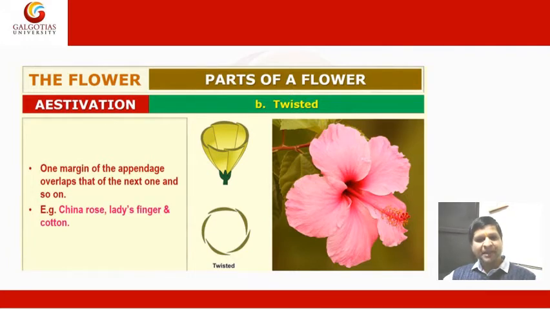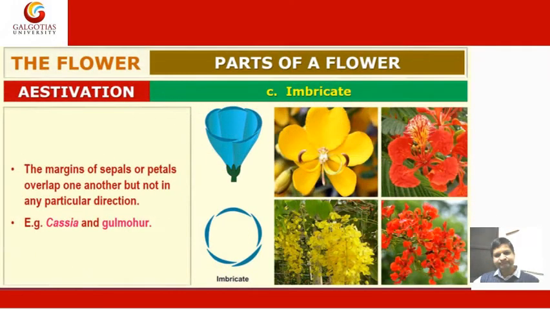One margin of the appendages overlaps that of the next one, like China rose, ladyfinger and cotton. That is the example of twisted aestivation. Imbricate. The margins of sepals or petals overlap one another but not in any particular direction. That is Cassia fistula and Gulmohar. There you will see the imbricate aestivation.